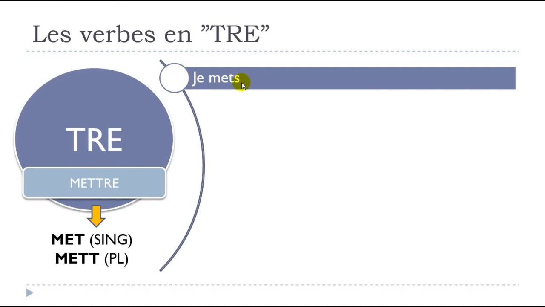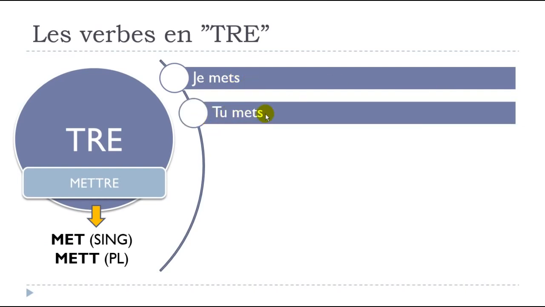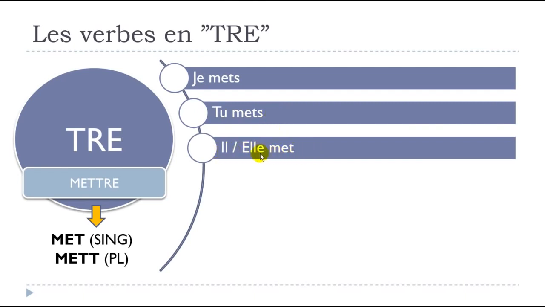So, je mets. You can see that you put back this root, M-E-T, and then you add the ending, S. Tu mets, il met, elle met.